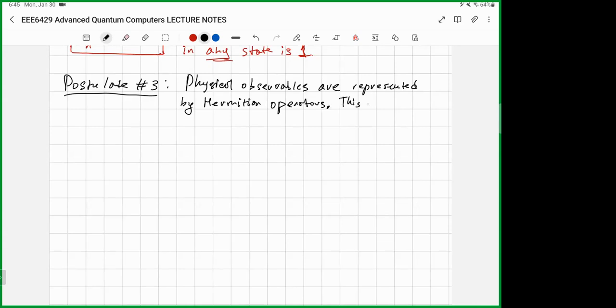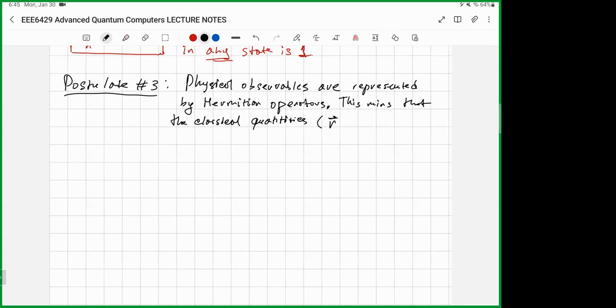This means that the classical quantities like radius vector, right?